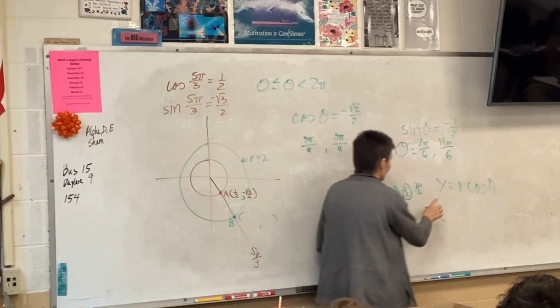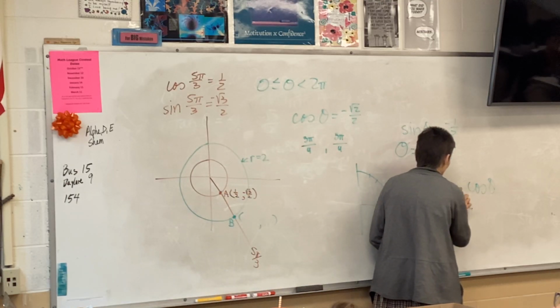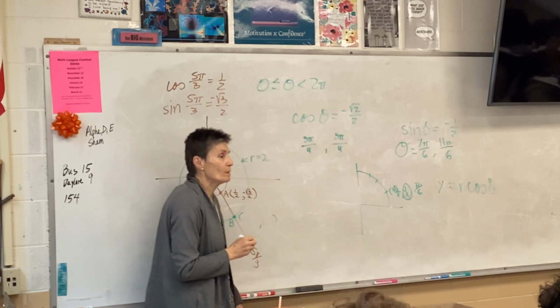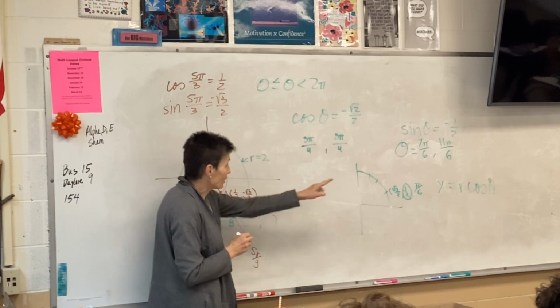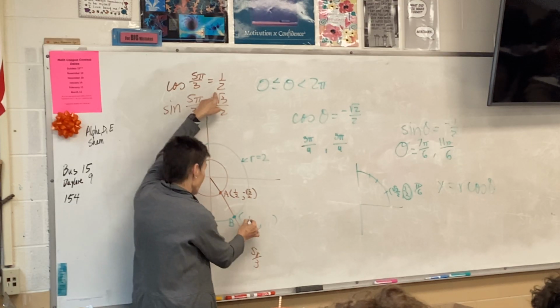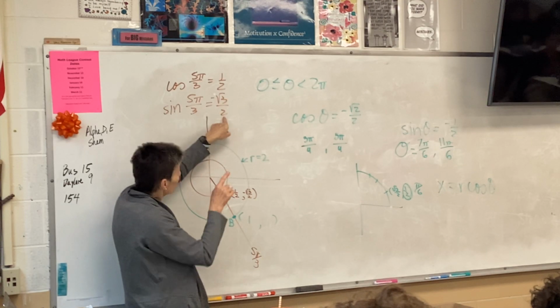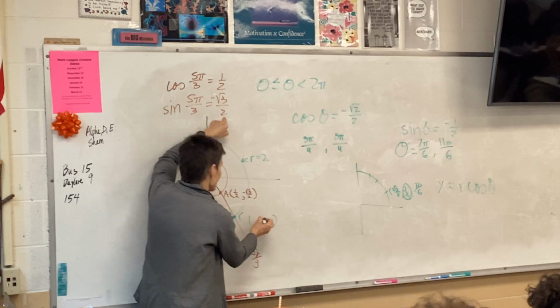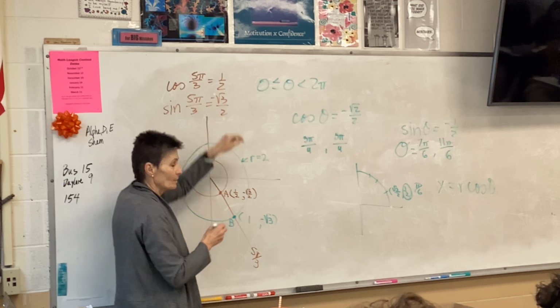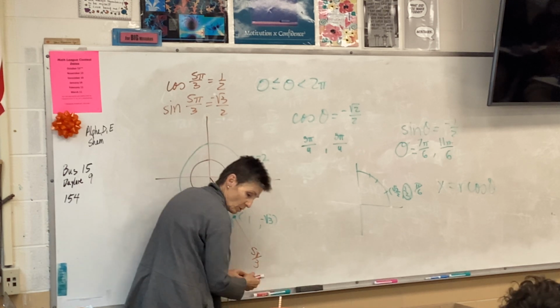x equals r cosine. So what is my x going to be? It's going to be my cosine times 2, so that's 1. And my y is going to be my sine times 2, so that's negative root 3. So then we draw one more circle.